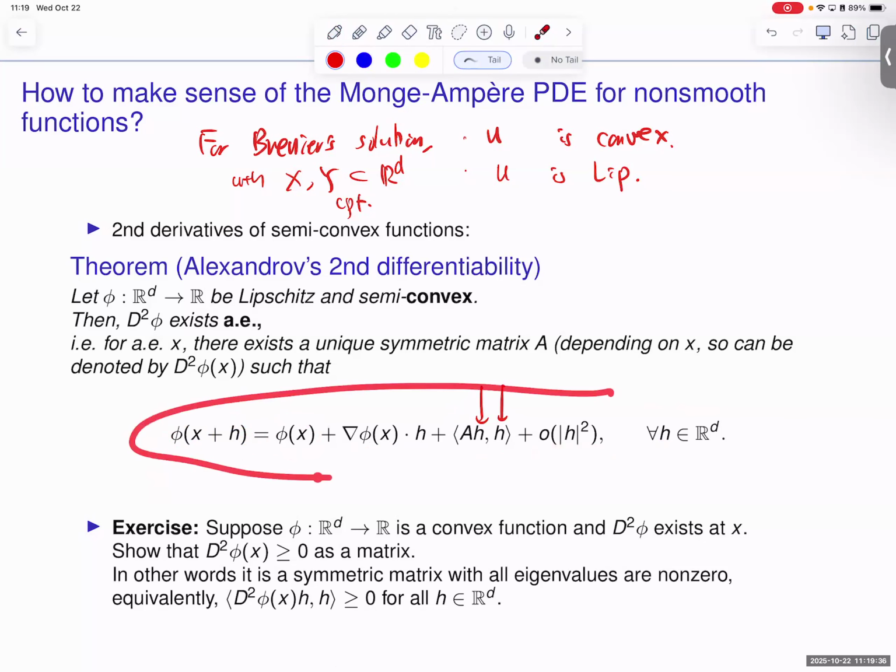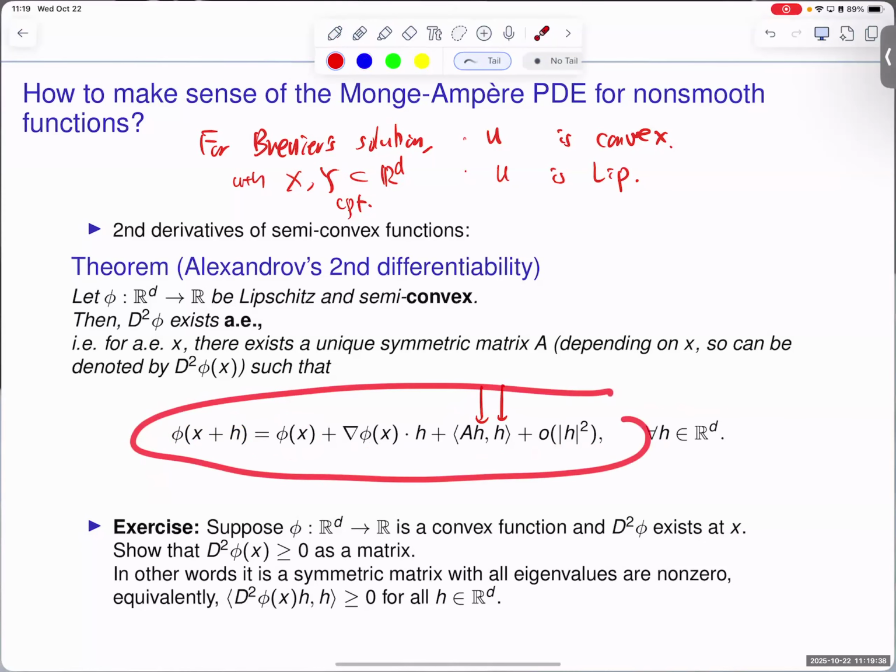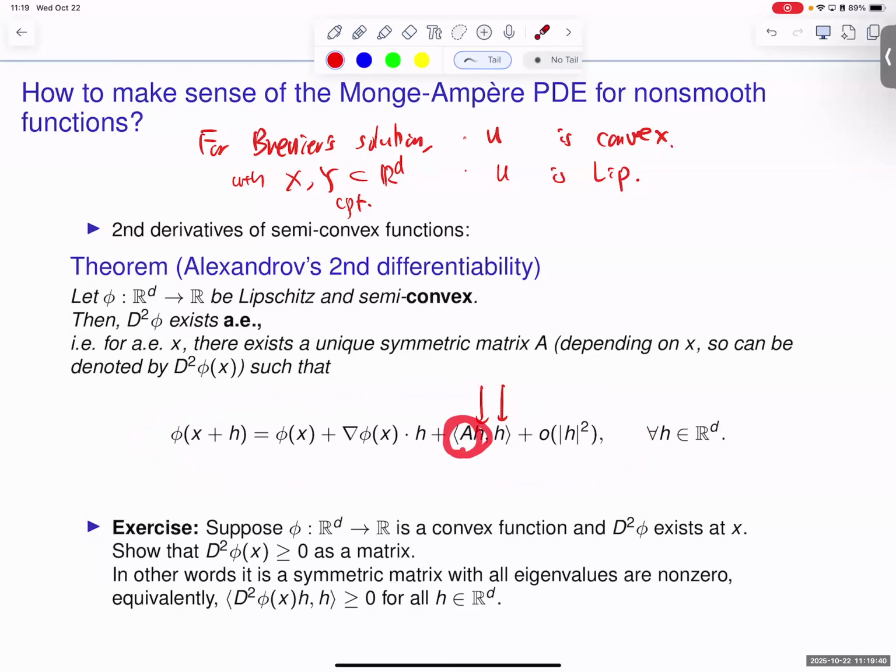Once you can write down this equation, it means this A is the Hessian of phi at that point x.